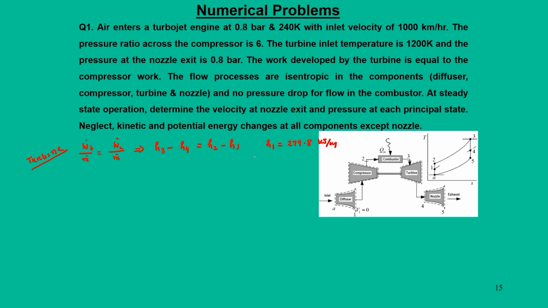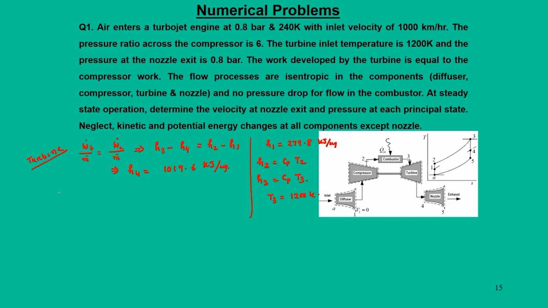We have H2, that is Cp times T2, and we have H3, Cp times T3. T3 is our 1200 Kelvin. So, knowing this, we can arrive at the expression H4 is equal to 1019.6 kilojoule per kg.